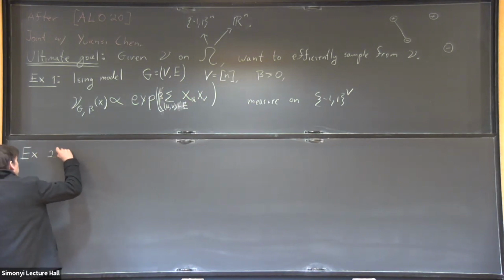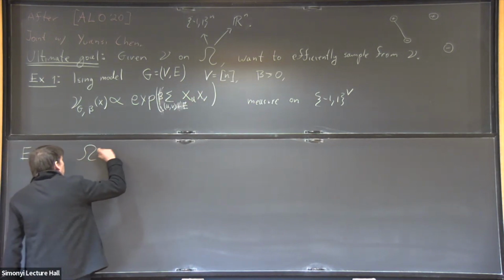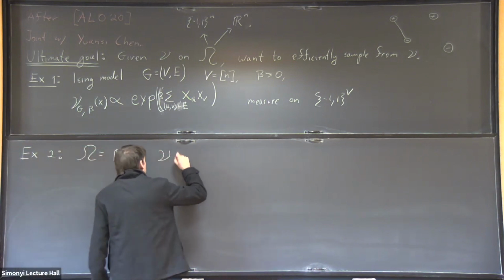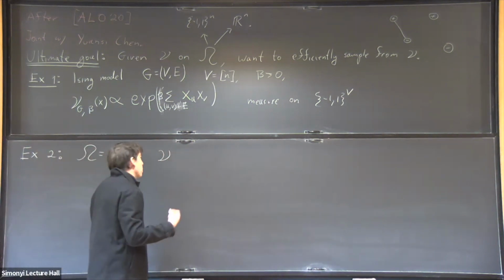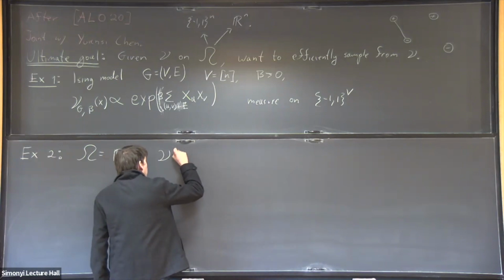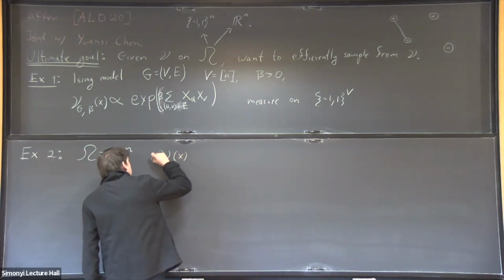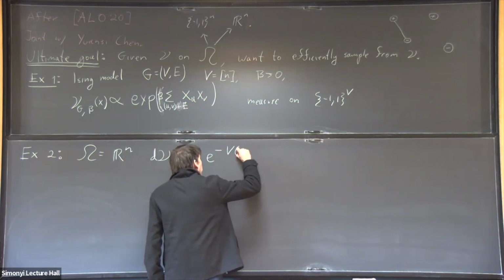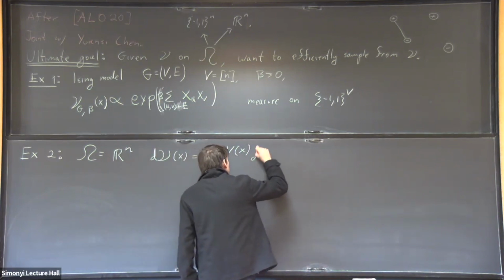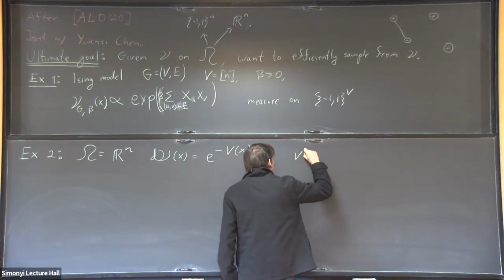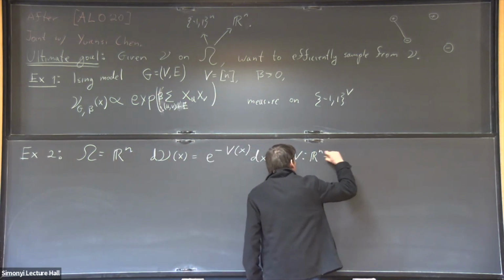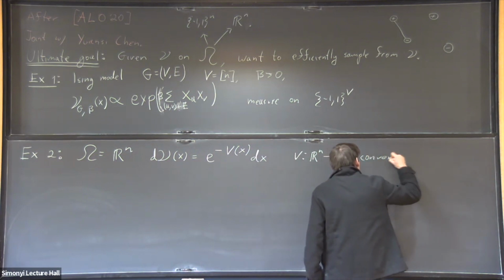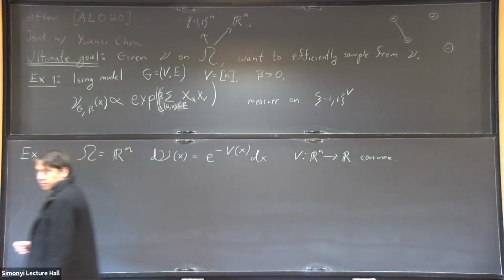Example 2. Omega is R^n, and mu is just a measure with a convex potential, namely d nu of x is e to the minus some convex function V of x dx. Why should I think about sampling from nu?